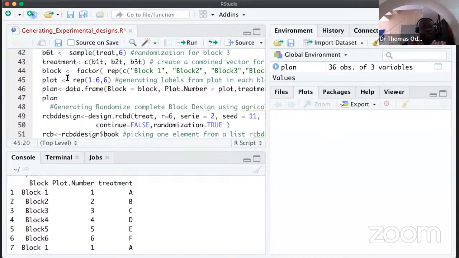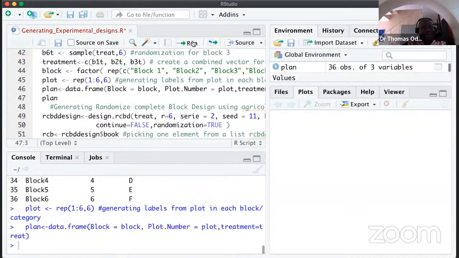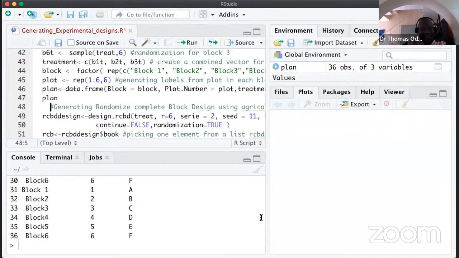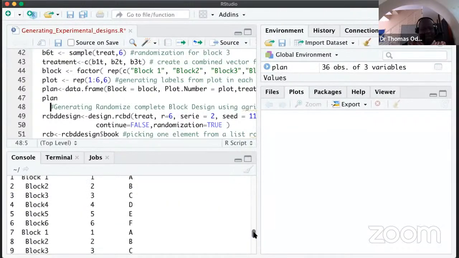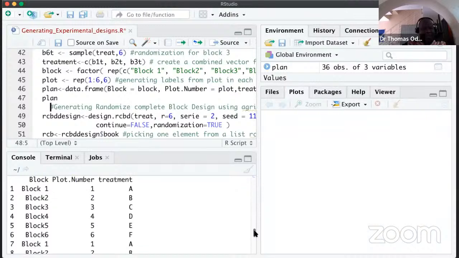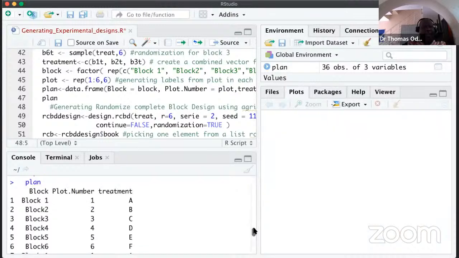Okay, so I'm going to continue altering, and then I will see what will happen. Okay. So the next thing I'm going to do is, let me change this.